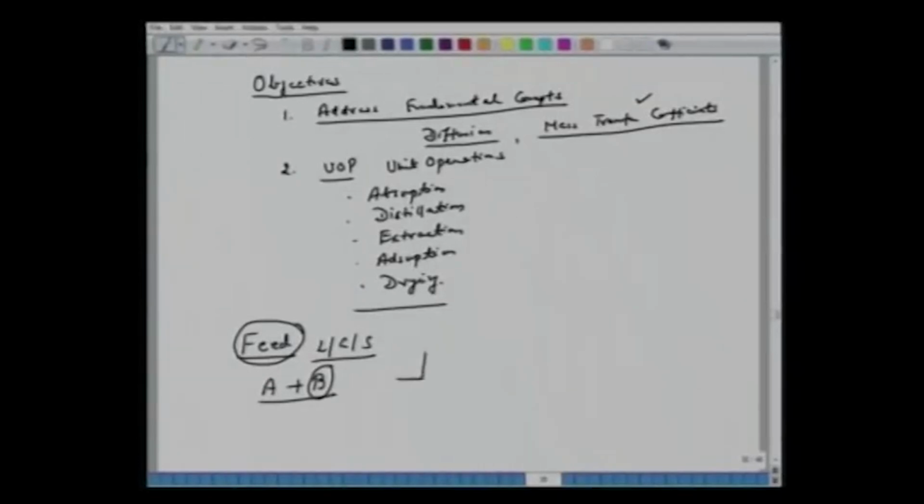That means what we are expecting here is that we will have two phases. Alright, most commonly both phases contain A plus B. However, in one phase A will be larger and in the other phase B will be larger. Okay, so we say that this is, let's say, phase 1 and this is phase 2.